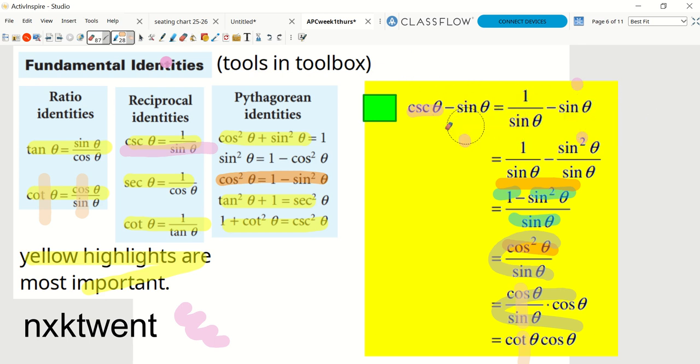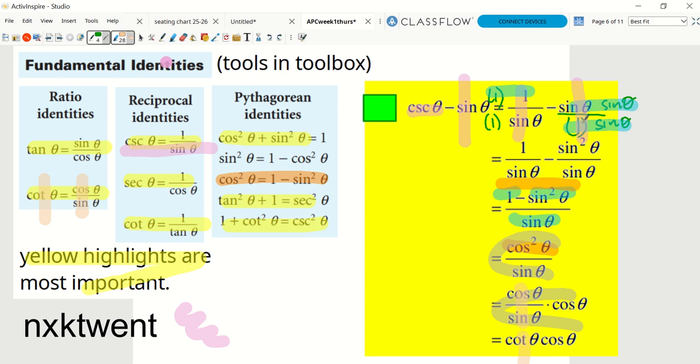Let me show you like this. Do you guys understand how these two are equal right here? What's invisibly underneath this sine? A 1. Are the denominators the same or different for these? They're different right now. We want them to be the same. So I multiply this by 1 over 1. That's kind of redundant. You don't need to show that. Do you understand why I multiply by sine here?